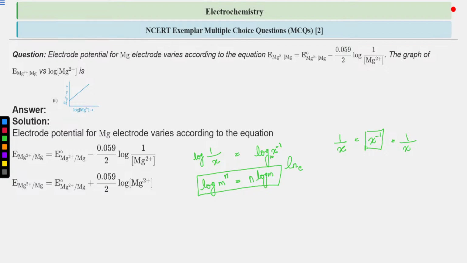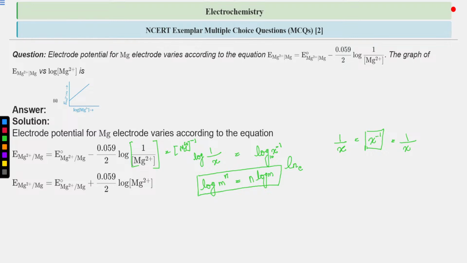Firstly, we have written 1 upon magnesium 2 positive as magnesium 2 positive to the power minus 1. This concentration is in minus 1 power.